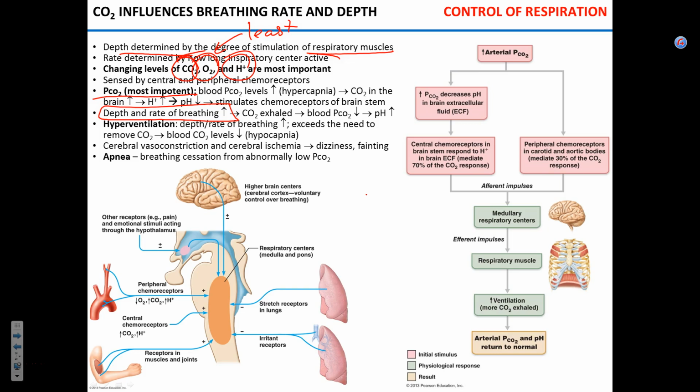Now, as we mentioned, hyperventilation is when you don't need to breathe that deep and fast, but you do, and you reduce blood CO2 levels. And then, as we mentioned, vasoconstriction in the brain, fainting. Apnea is breathing cessation for a minute, usually from abnormally low CO2.